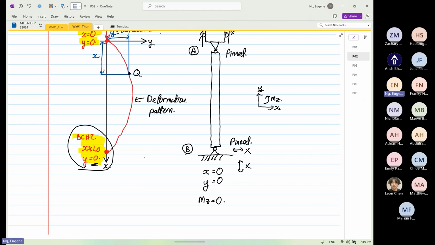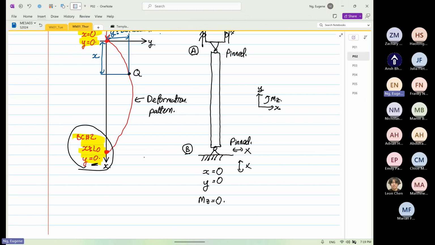Now I believe that most of you will not have problem with X is equal to 0 because the structure cannot move left and right, right? At point B, Y is also equal to 0 because the structure at point B cannot go what? Up and down.